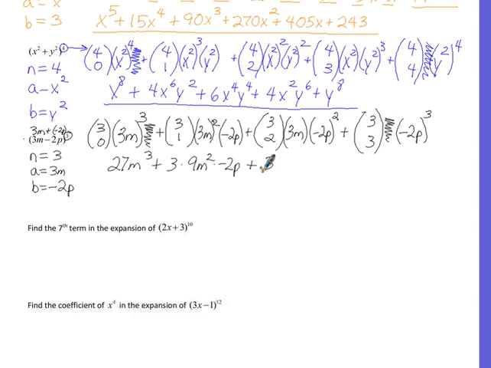Both 1 factorial and 2 factorial. That's why you see the symmetry in the combinations problems. 3 times 3m times positive 4p squared. And then 3 choose 3 is 1. So is 3m to the 0 power. And then I've got negative 8. Remember, negative 2 times negative 2 times negative 2.